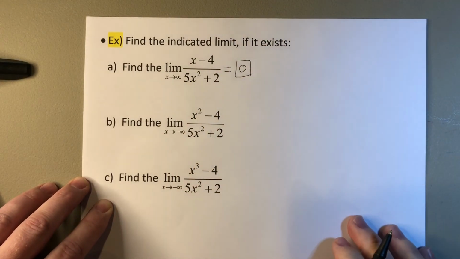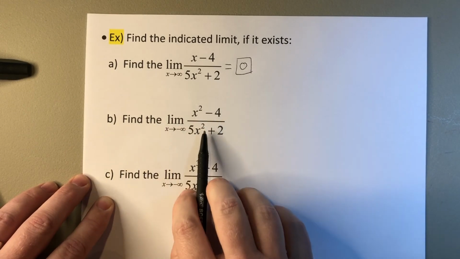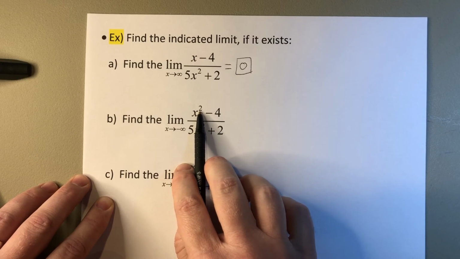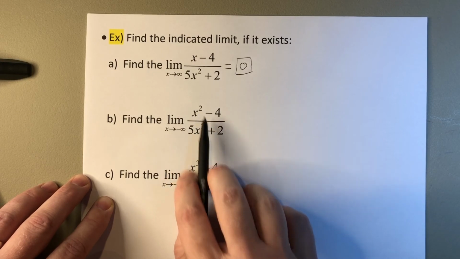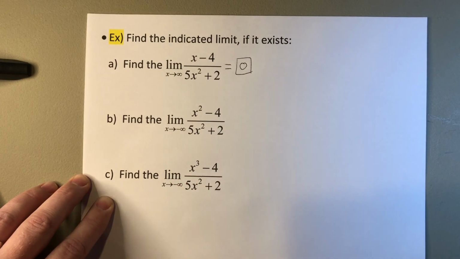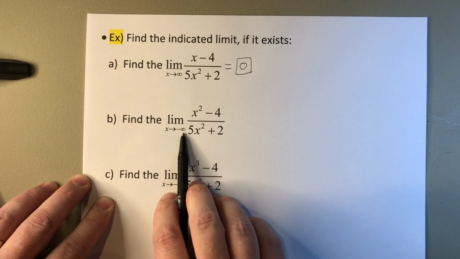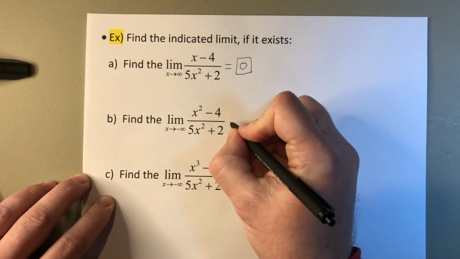Zero. Letter B. Again, determine the degree of the top and the degree of the bottom. They're the same in this case, correct? You have a 2 on top, you have a 2 on the bottom. The degrees are both 2. You're also approaching plus or minus infinity. So if the degrees are the same, what do we do?